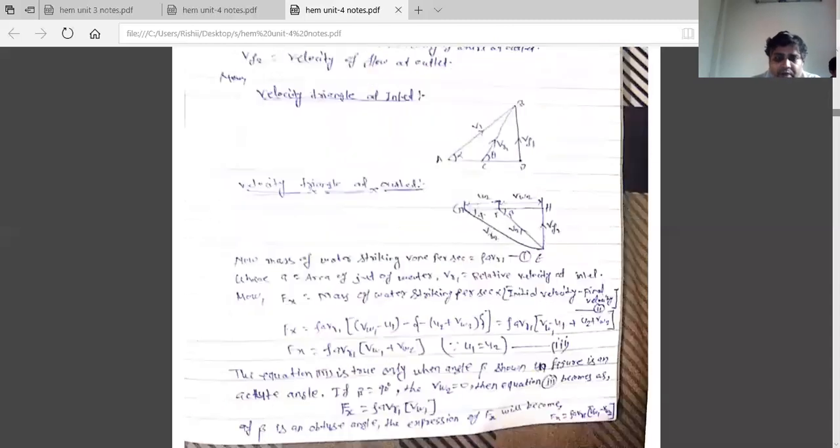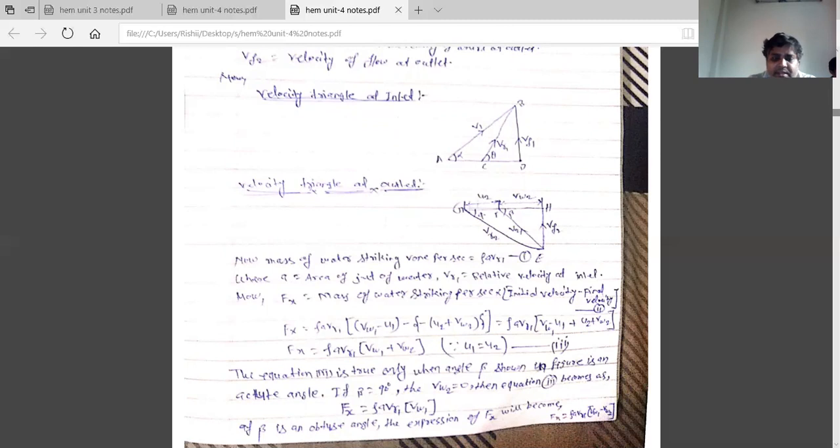Now the mass of water striking per second is rho a Vr1, equation number 1, where A is the area of the jet and Vr1 the relative velocity at inlet. Fx is equal to the mass of water striking per second into initial velocity minus final velocity. That means Fx is equal to rho a Vr1 into (Vw1 minus U1 minus (U2 plus Vw2)), that is rho a Vr1 into (Vw1 minus U1 plus U2 plus Vw2).